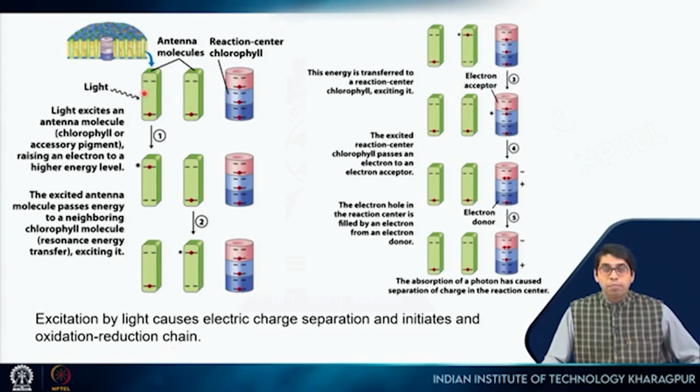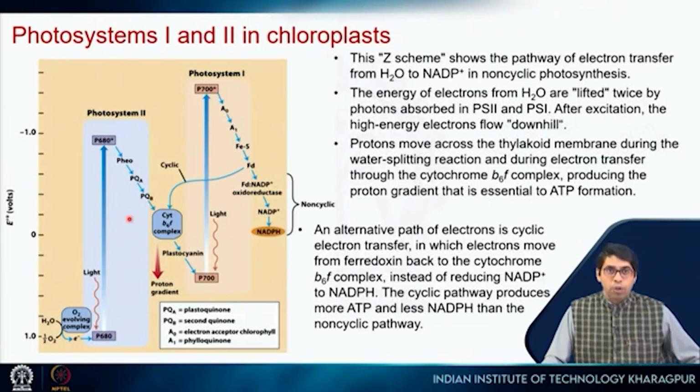Light energy results in this electric charge separation, and since the electron is given off, it triggers this oxidation reduction reaction. So water is oxidized to oxygen and the electron is passed on through various channels ultimately to NADP+, which becomes NADPH. So here is a summary of what happens, right?